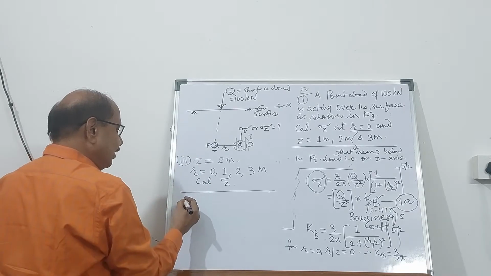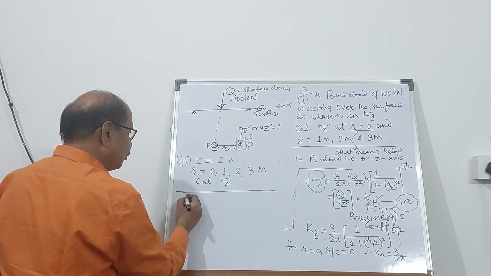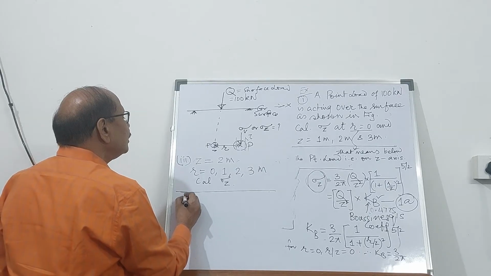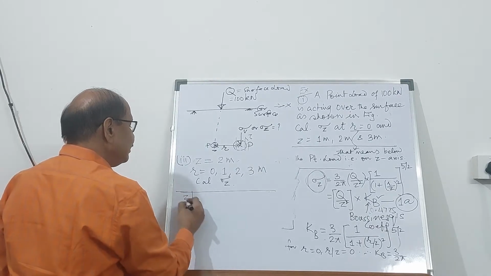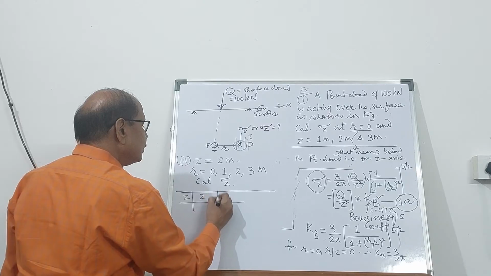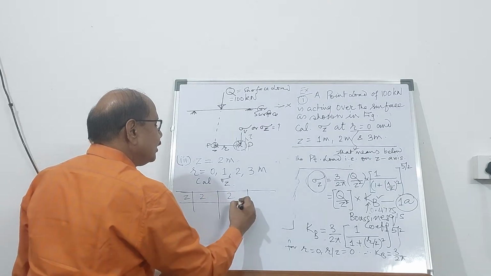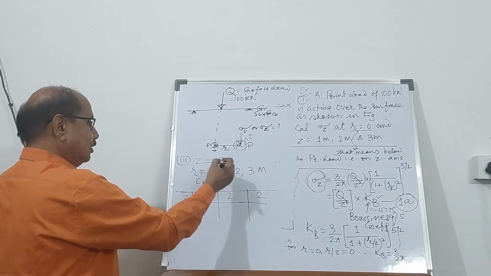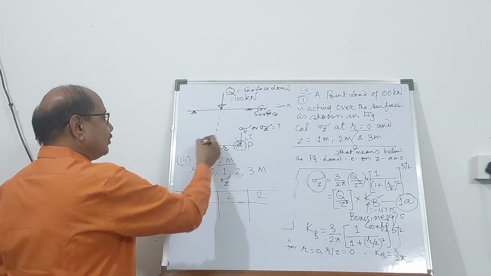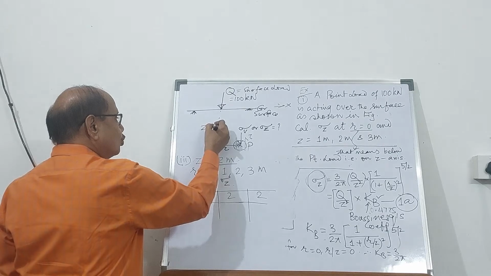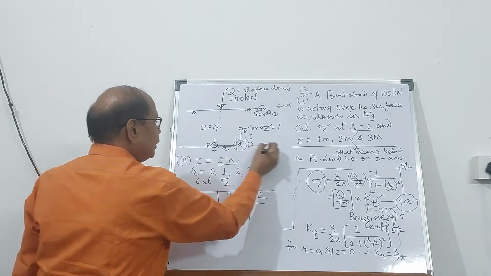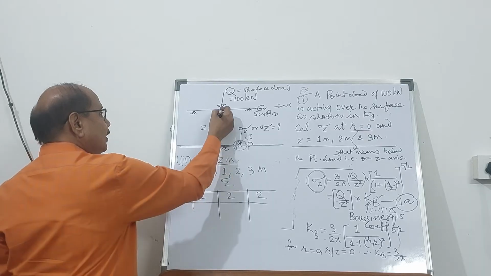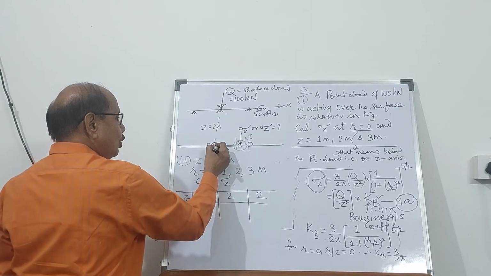So from the given data, you can calculate the value. r is given to you, z is constant, it is 2 meter, no change. So z in meter, no change. At 2 meter depth, so let's say z equal to 2 meter, here at z equal to 2 meter, r equal to 0.